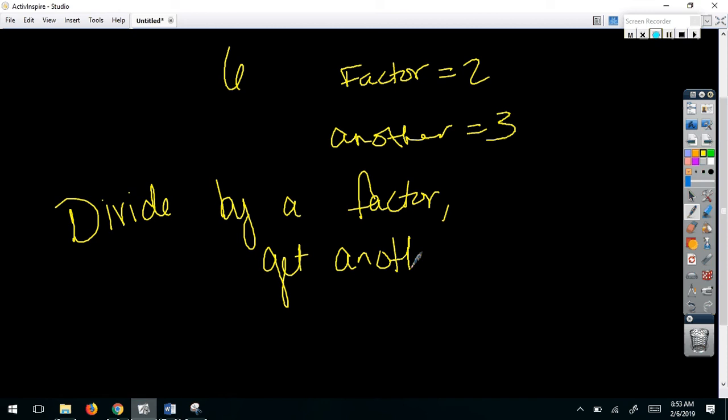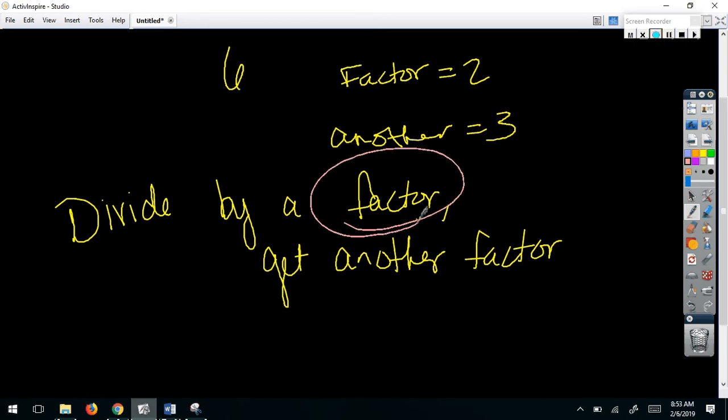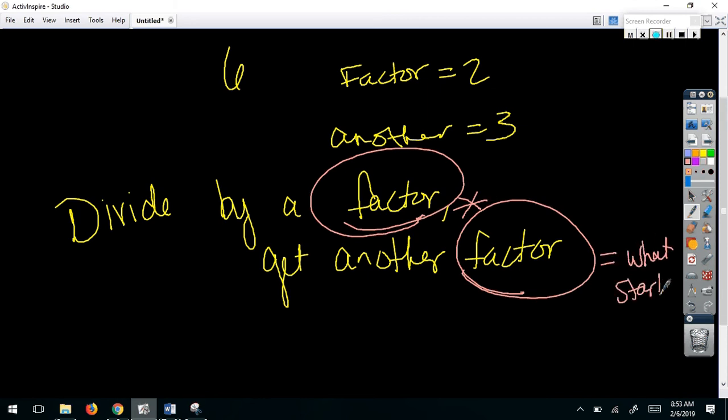And if I took those two factors, the one that I started with and the one that I was given, and multiplied them together, you'd get what you started with, right?